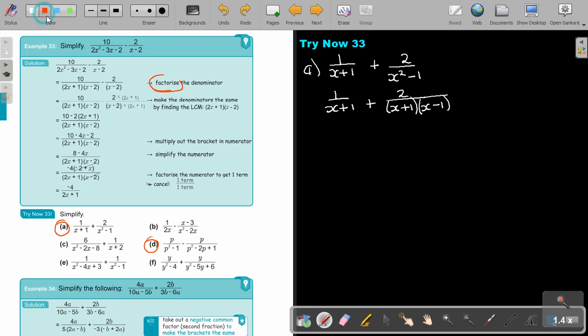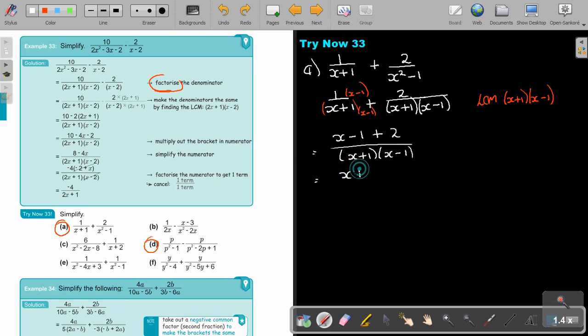And then what is your LCM? It will be x plus 1, x minus 1. So it will be x minus 1, x minus 1. And then this will be x minus 1 plus 2 over x plus 1, x minus 1.